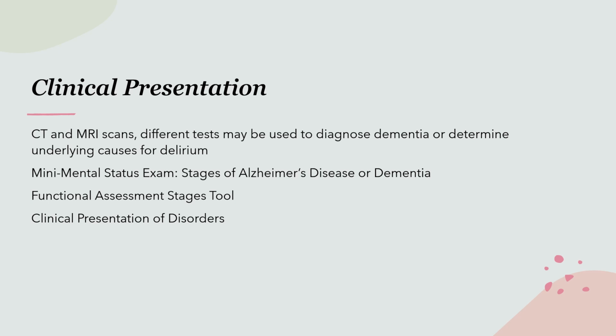Another thing the early symptoms look like: we have delirium, we have dementia, we also have depression, which we talk about later in the semester. But that's going to be gradual with exacerbations during stressful times, because sometimes the signs and symptoms of depression can look like dementia a little bit. So we want to make sure we are differentiating the two, because treatment is going to be different.